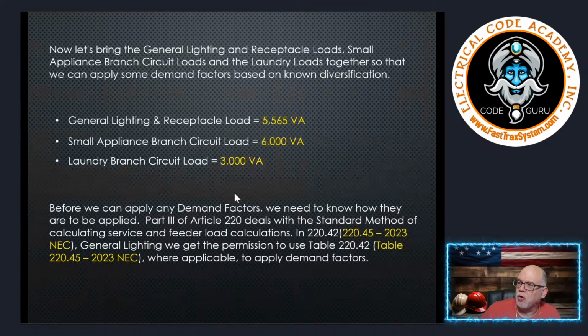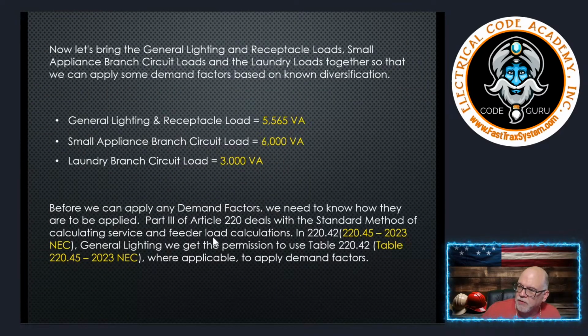All right, so there's the values. Now, if you're looking in part 3, the standard method, we're now going to apply some adjustments, some demands that we get to apply to this. So 220.45 gives us the permission to do all this, and the general lighting also includes the general use receptacles. They're included in this demand.